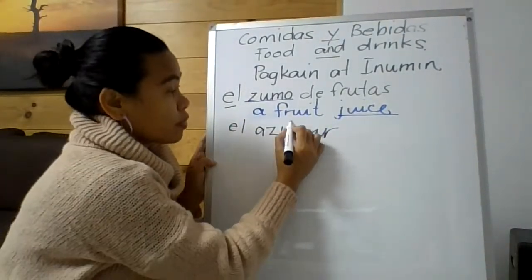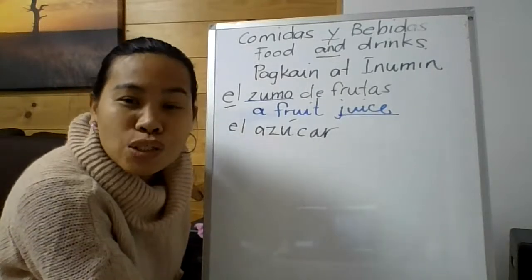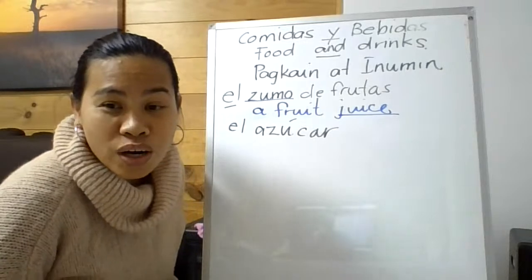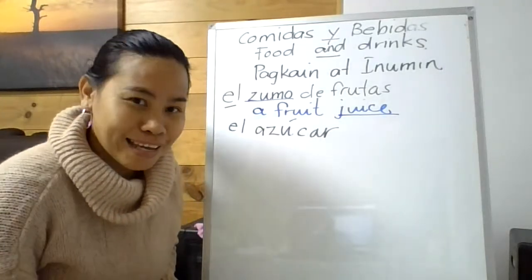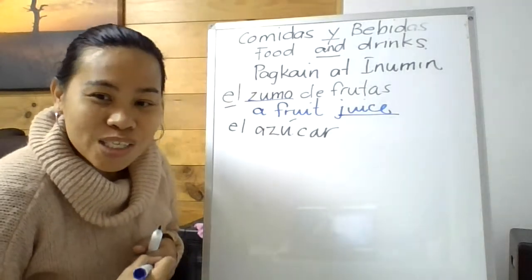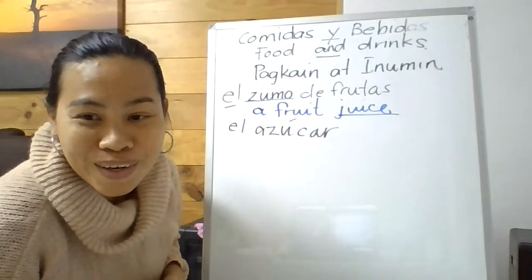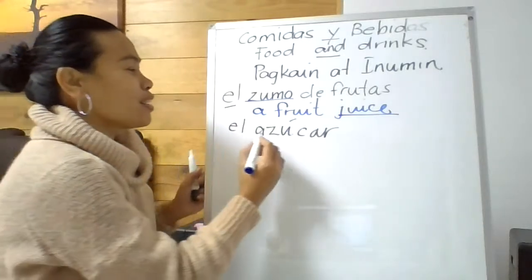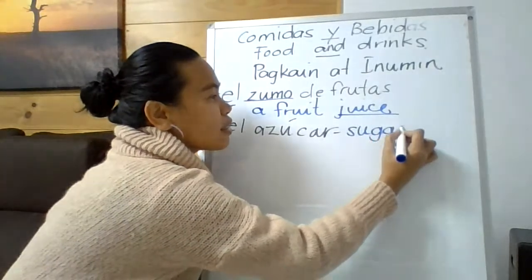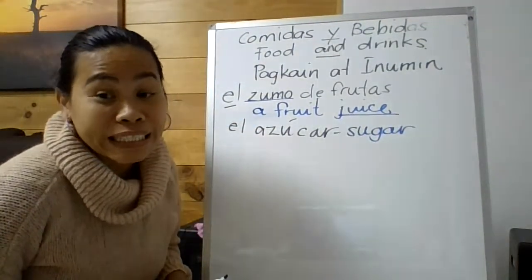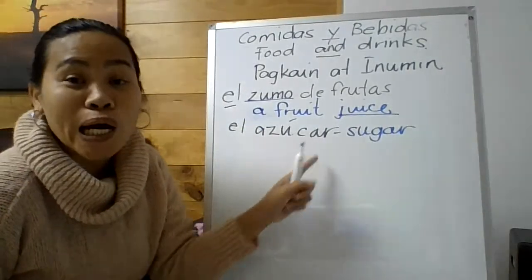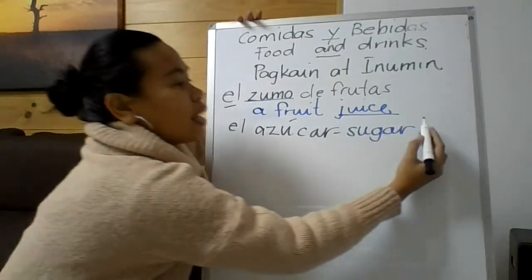Okay? Con acento. El azúcar. So what is azúcar? El azúcar. Actually, in Bisaya, we use this term, azúcar. Sugar. Very good, Tere Gonzalez. Thank you for cooperating in my discussion. Sugar. In Tagalog, we change the letter R into L, asukal.